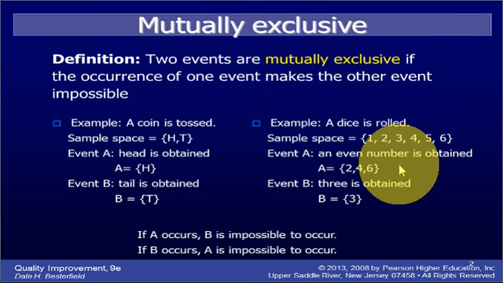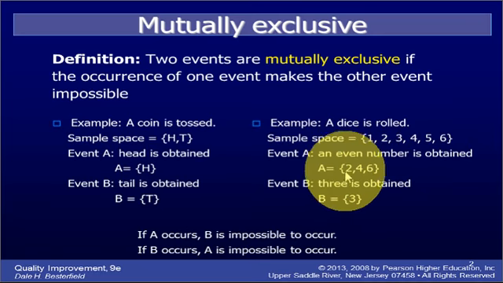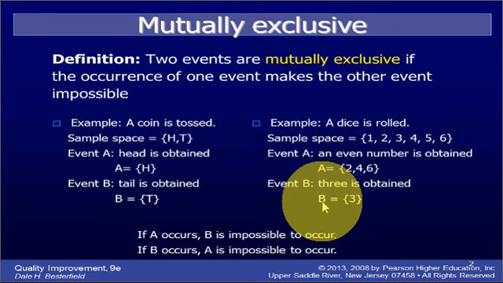So one thing to test is that you can see the outcomes that make event A true are different from the outcomes that will make B true.